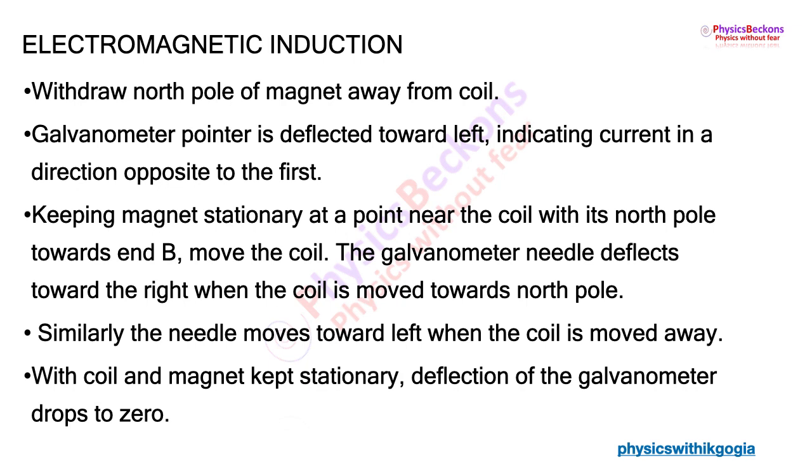So, this activity gives you a very clear indication that relative motion between the coil and the magnet produces electric current, which lasts as long as there is actual relative motion, and the moment you stop the relative motion, the flow of current also stops.